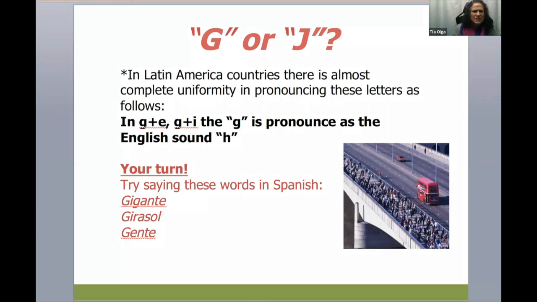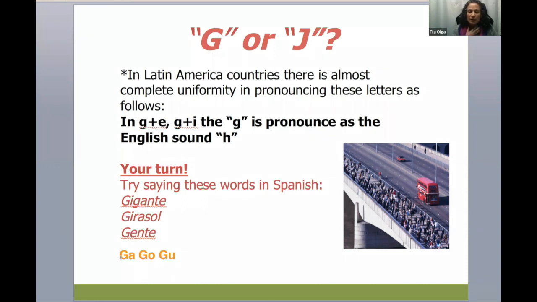It's almost the same rule as with the other consonants. We already saw it, like G-A, G-O, G-U.